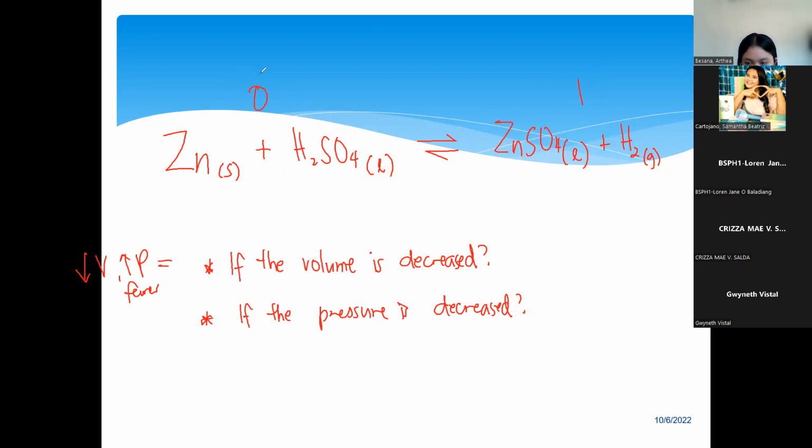Actually, wala nga siyang gas. So automatic the shift will be to the left. The reaction will favor the backward reaction, to get rid of the decrease in the volume.